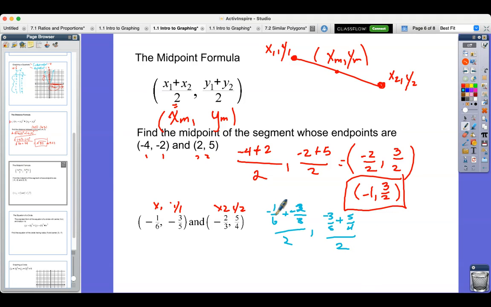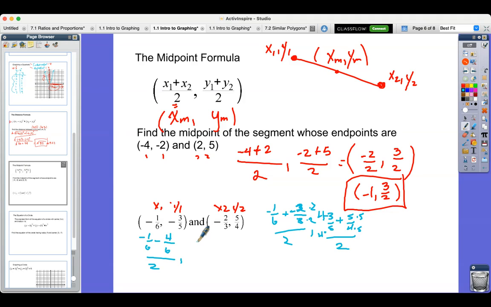The best way to go about this is a common denominator. The common denominator between a 3 and a 6 is 6. So we multiply this by 2 and this by 2. So we get -1 over 6 plus 4 over 6, all over 2, comma, the common denominator is 20 here. So multiply this by 4, this by 5.